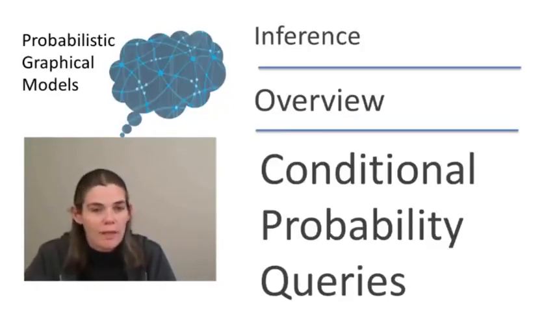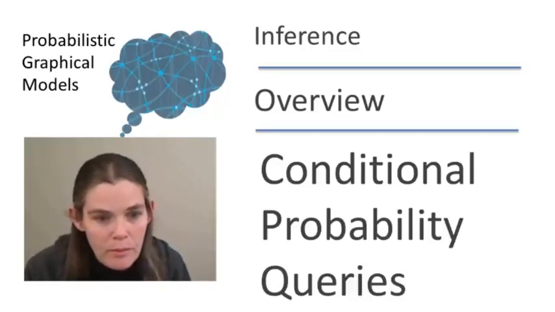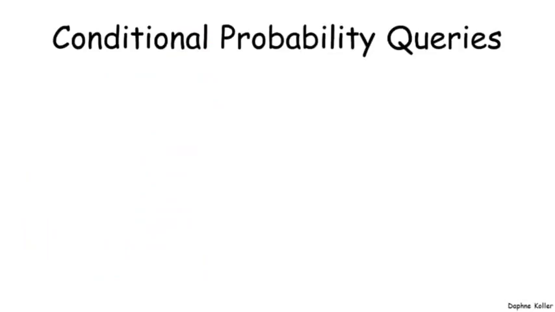It turns out there are many queries that one can use a PGM to answer, but perhaps one of the most commonly used ones is what's called a conditional probability query. So let's define a conditional probability query. In a conditional probability query, we have some set of observations, little e, about a set of variables, big E. These are the variables that we happen to observe.